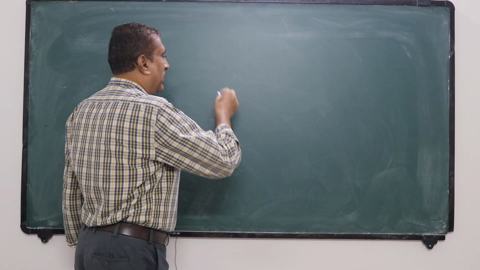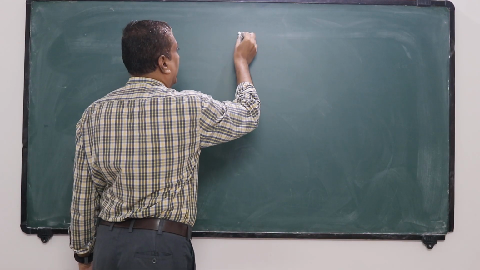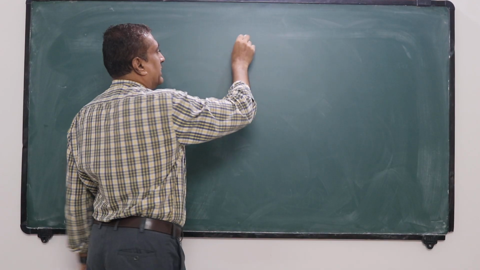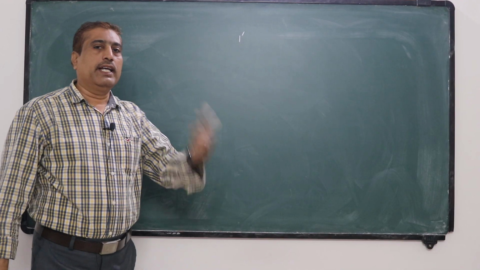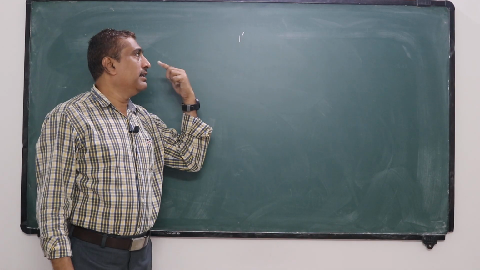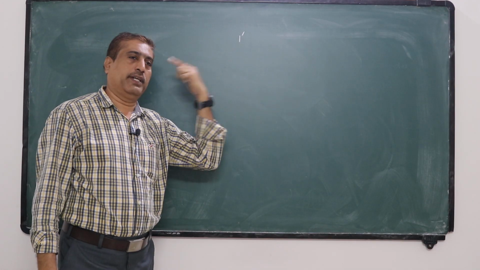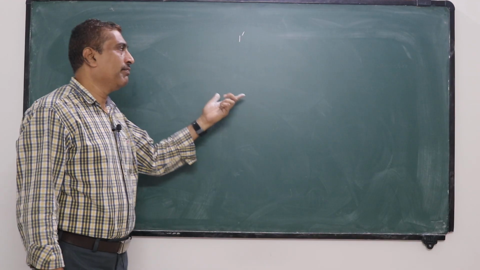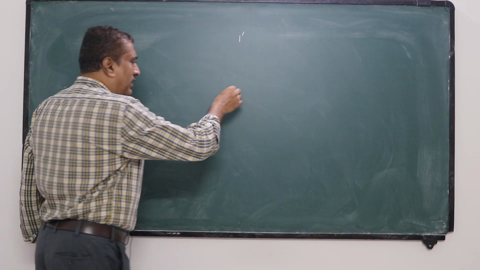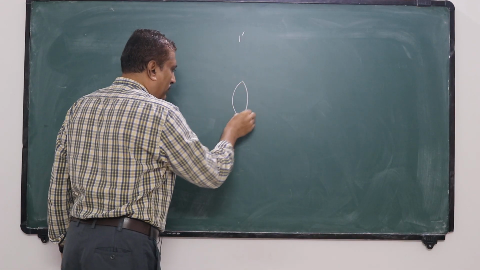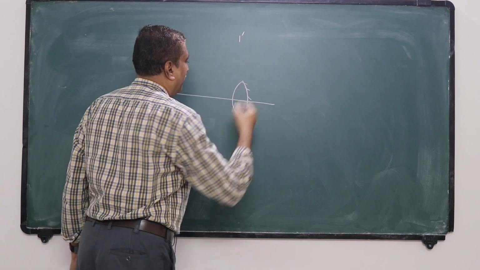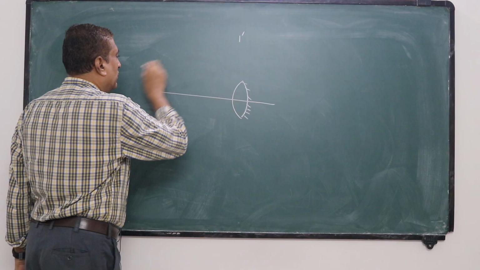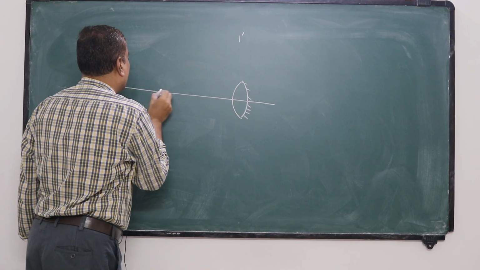That is, if the angle subtended at the eye by the two objects is less than 1 minute, then our eye cannot observe them as separate bodies, separate objects. That means, suppose this is our eye, and suppose they are at a large distance from the eye.